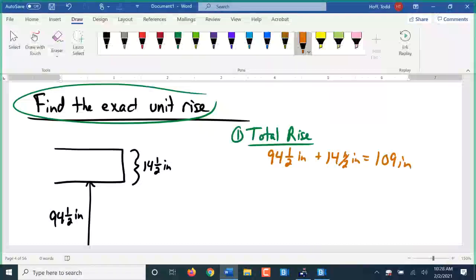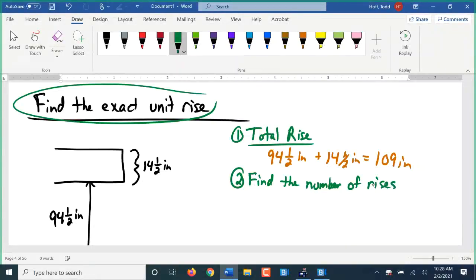Second step in finding the exact unit rise is to find the number of risers. And I'm going to put it as number of rises required. To do that, you take total rise, which is the 109, divided by, remember we said that unit rise is typically 7 inches.